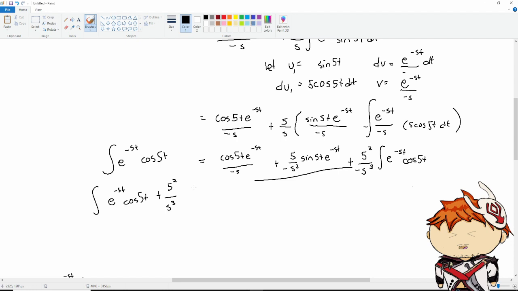Wait, is that s cubed? No, we haven't integrated this yet. So that's only s squared. This is negative, so that's positive, right? So that's positive, and this needs to be negative.